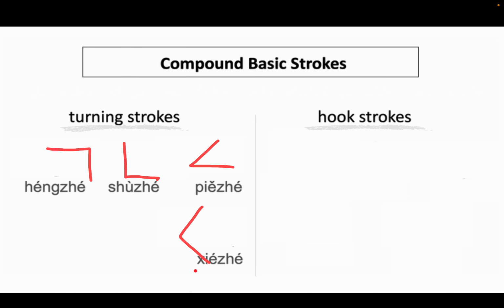So here, 斜, maybe you can add it on. 斜 means slant. All right, so it's a slant stroke and then turn. That is 斜折. All right, there are 4 compound turning strokes.